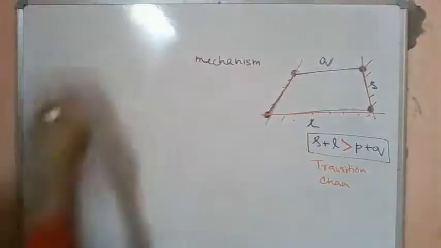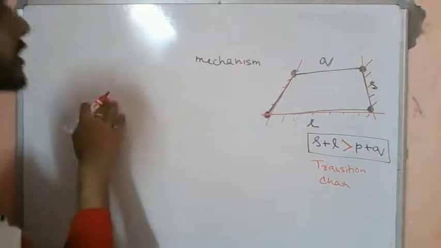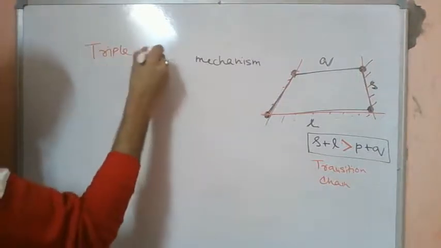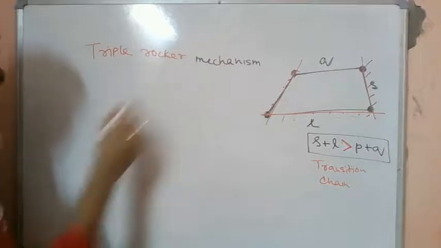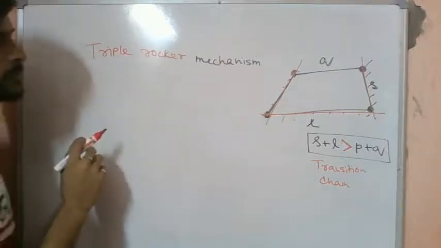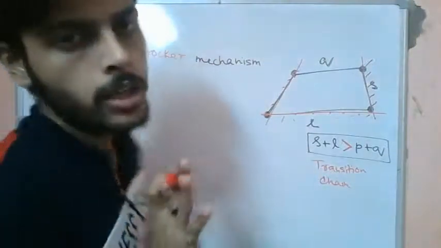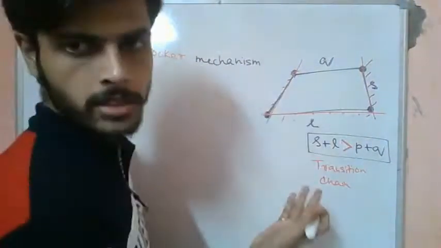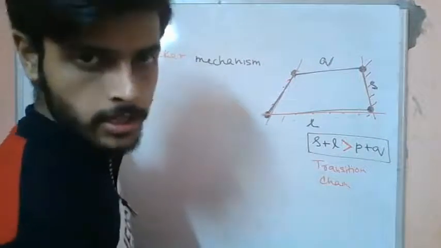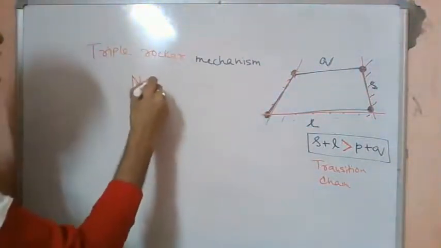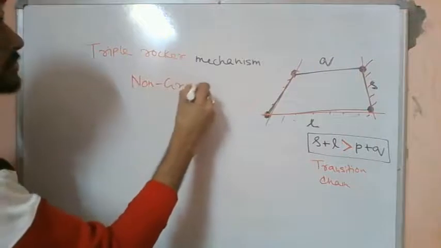So a non-Grashof chain is what we call a triple rocker mechanism. Whichever link we fix, in all cases we will get a triple rocker mechanism if we have a non-Grashof chain.